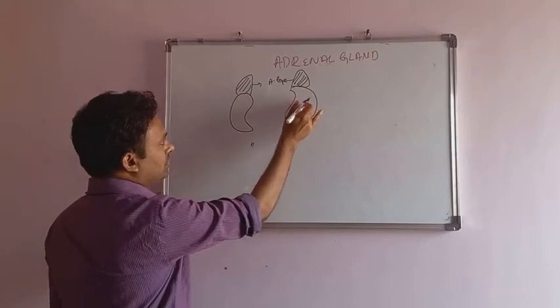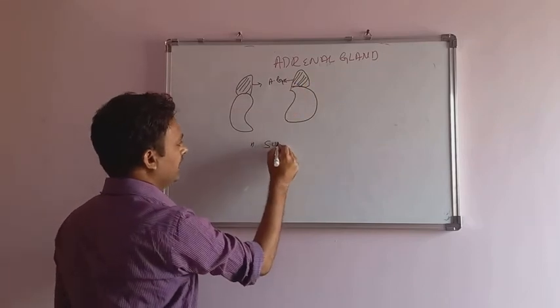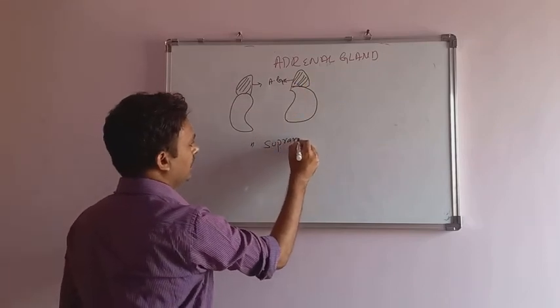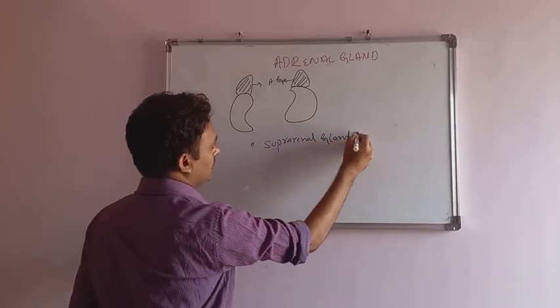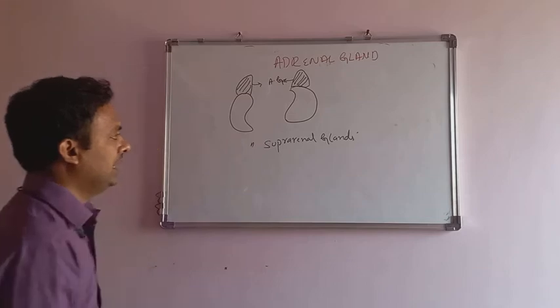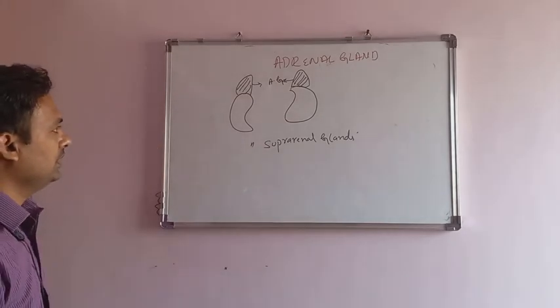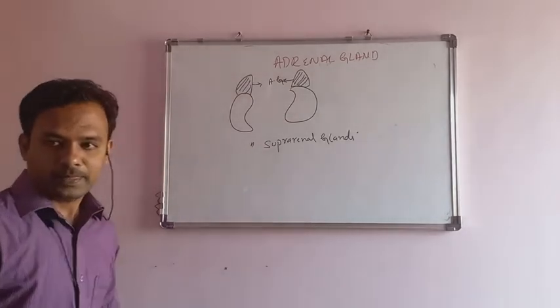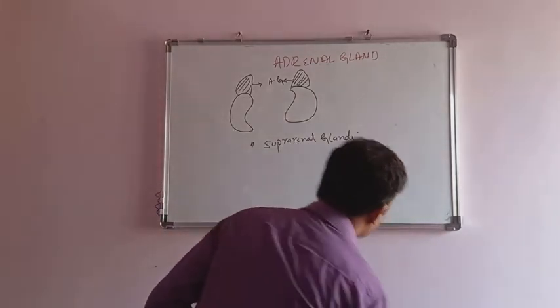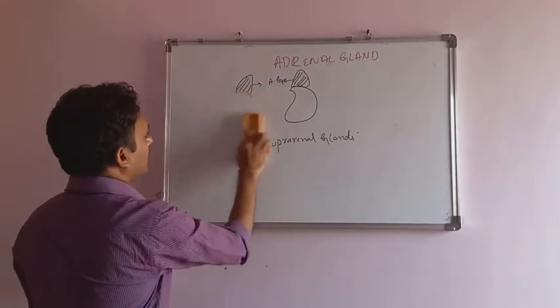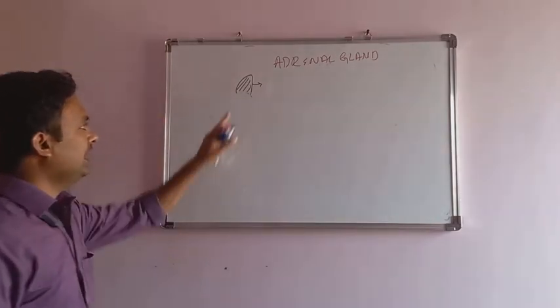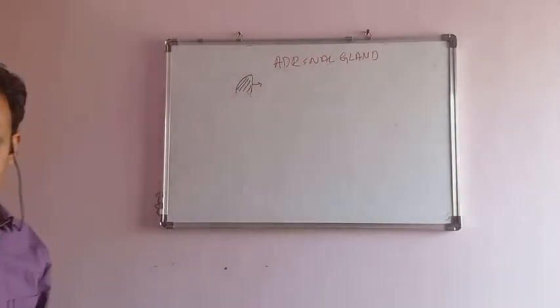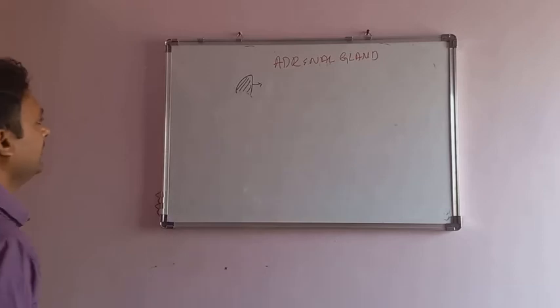They are situated above the kidney, so they are called suprarenal glands. The adrenal gland is a pyramidal shaped gland, or you can take it as a triangular shaped gland.